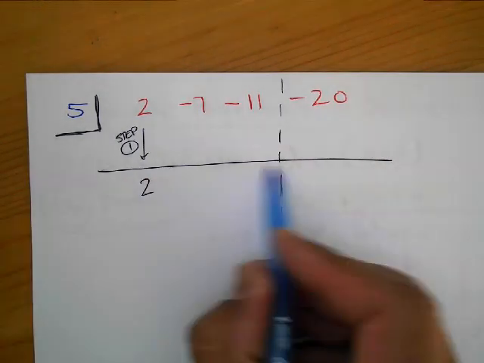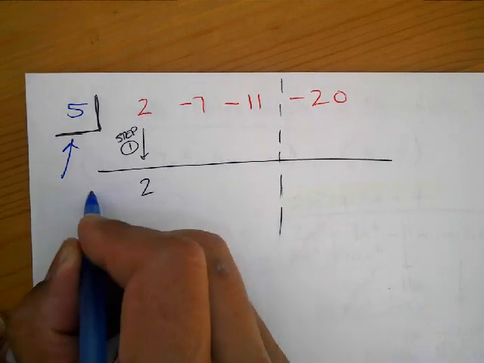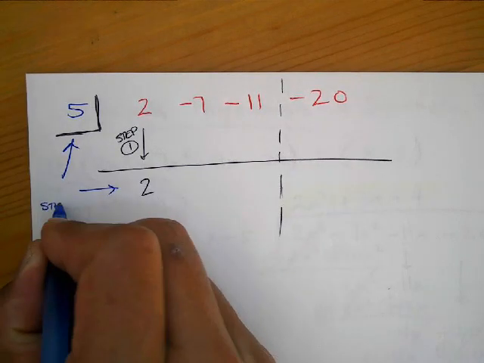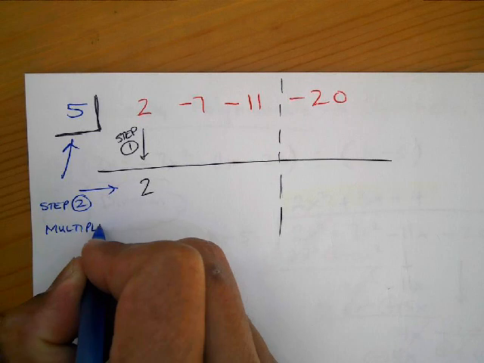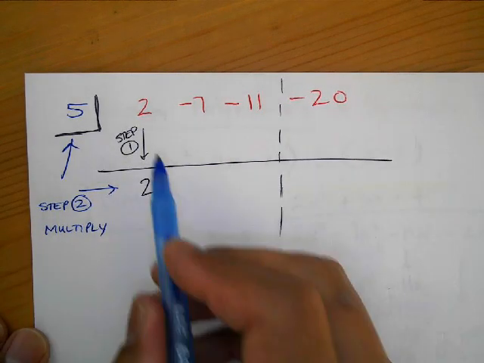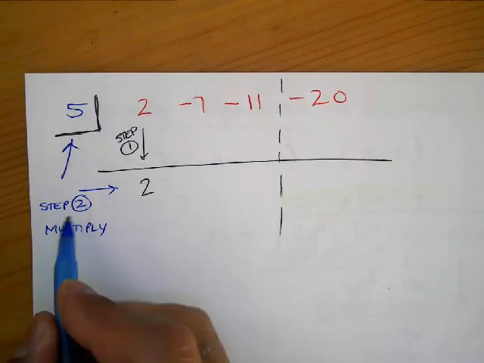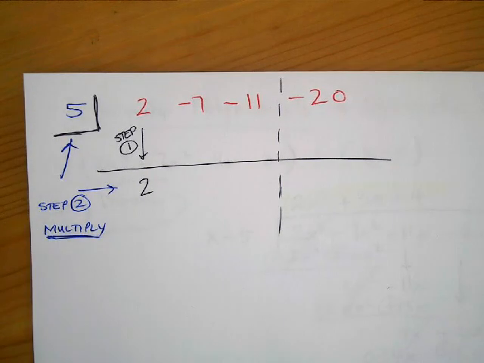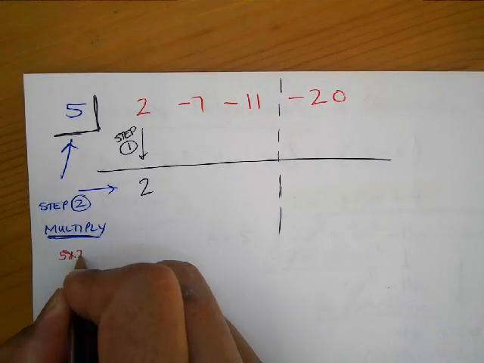Step 2, once you have a number down here, any number that's under this line multiplies. Step 2 is to multiply these two. I just dropped this down. Once you have a number here, it multiplies.